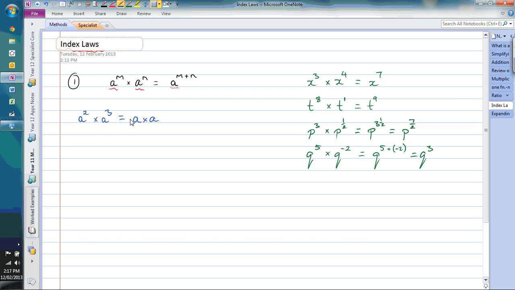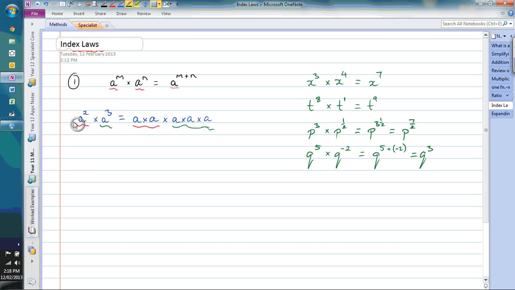And a cubed means a times a times a. So what we've done is we've expanded out the power notation like this.